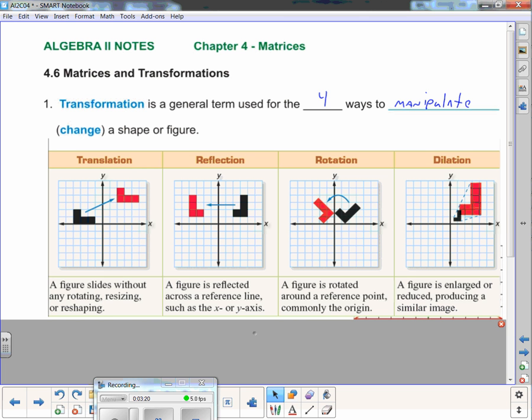Third one, rotation. So now you're going to rotate an object. Normally the rotation is counterclockwise, just like your angles would be, right?